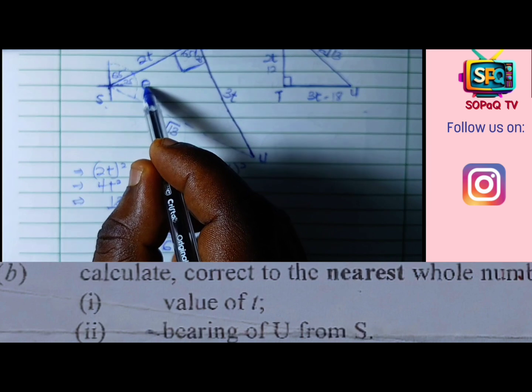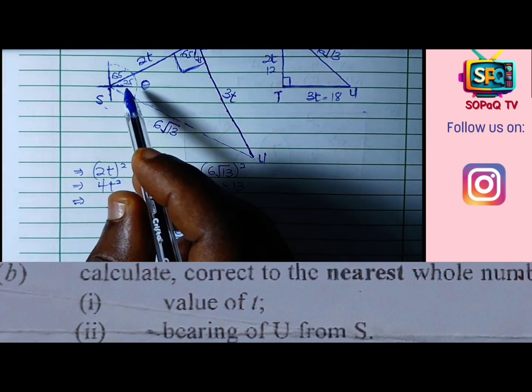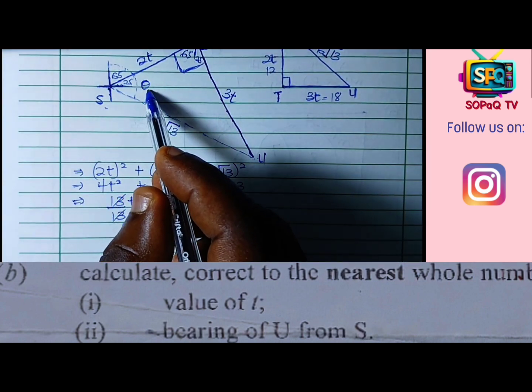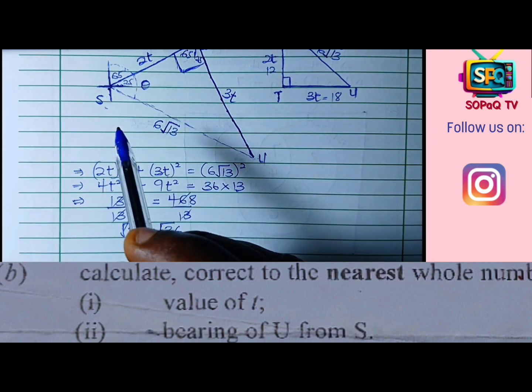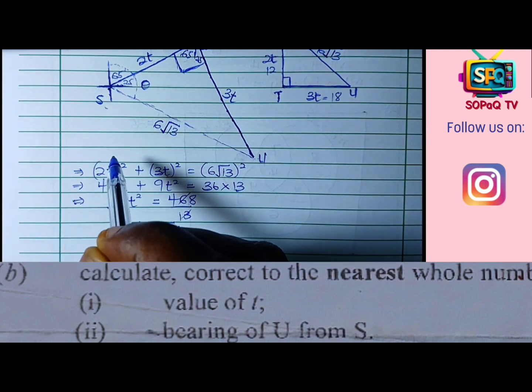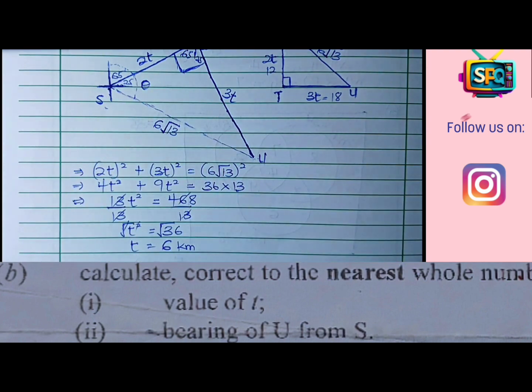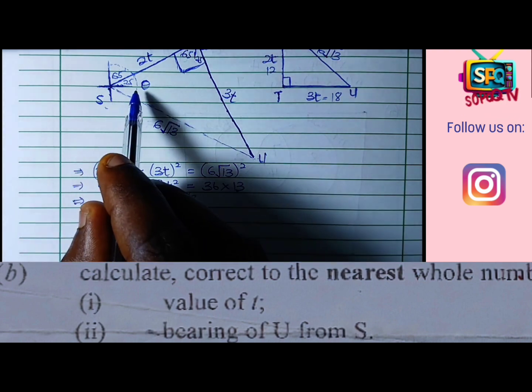So that when we get the theta, and we add it to 65, we get the bearing of U from S. And where is the theta located?